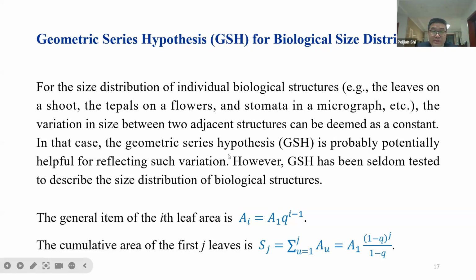However, it has seldom been tested to describe the size distribution of biological structures. For the geometric series, we all know the general term is like this, and the cumulative area of the first J terms is like this. In China at least, we learned it in middle school. No problem.